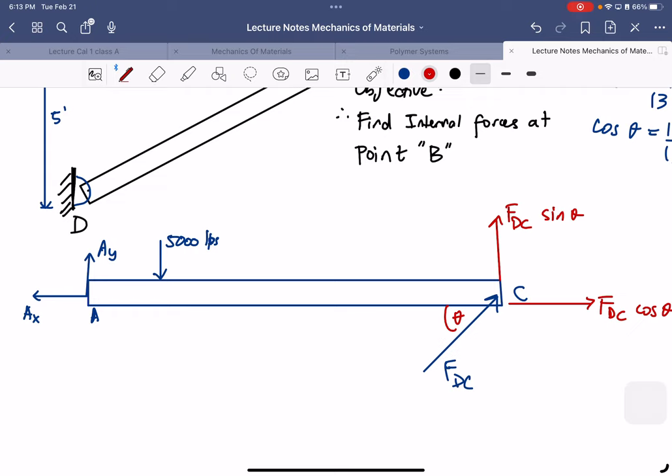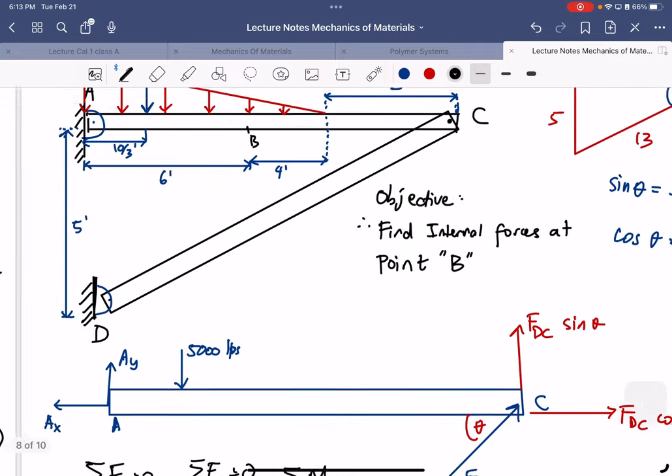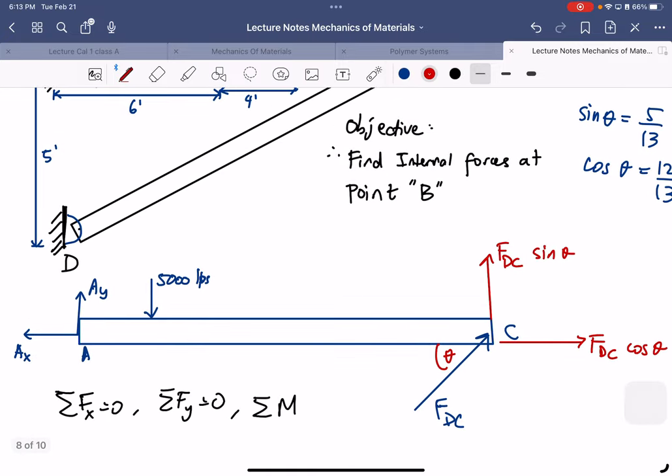And then the next thing is the key for statics. We can write it all down: the sigma moment. We want to know the internal force at point B, which is going to be around here, right?